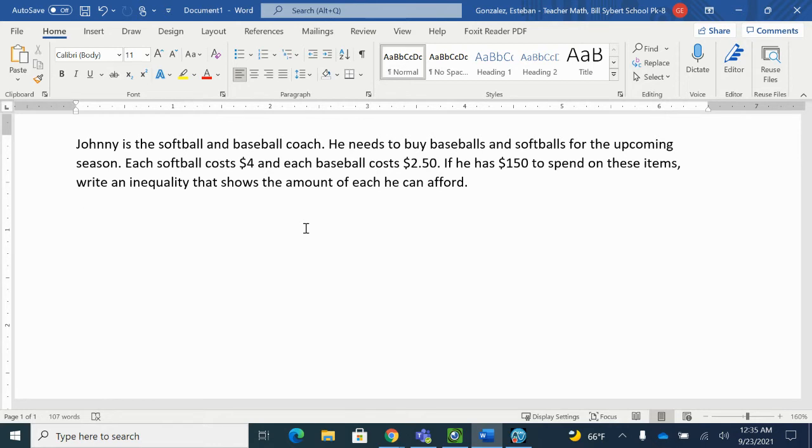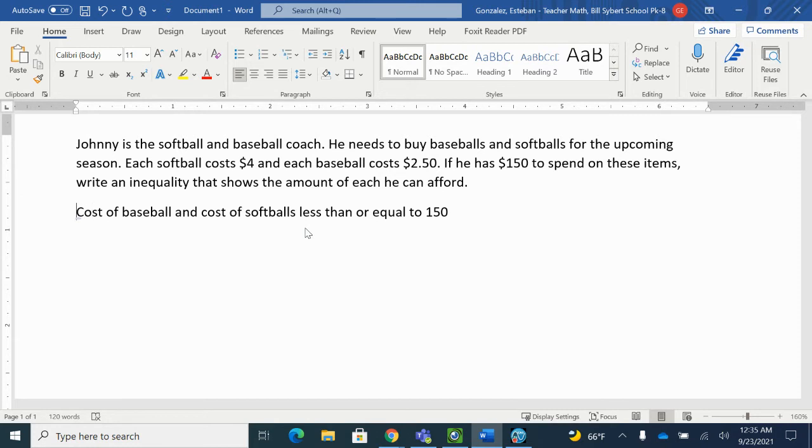So we know that the cost of baseballs and cost of softballs has to be less than or equal to 150. So notice how I'm looking at it in portions, right?